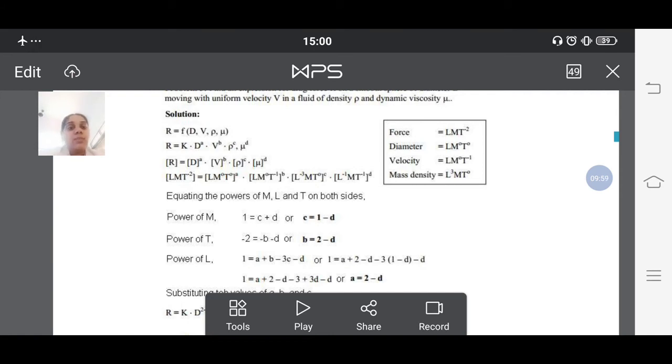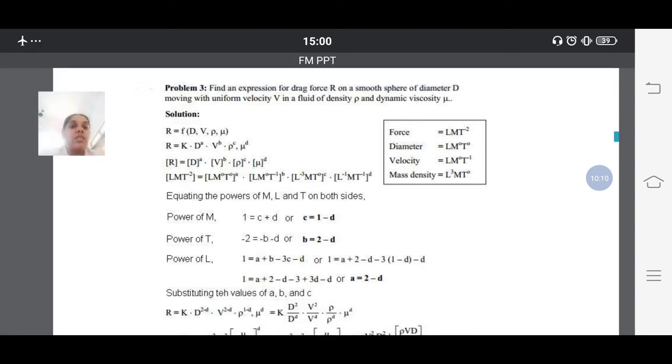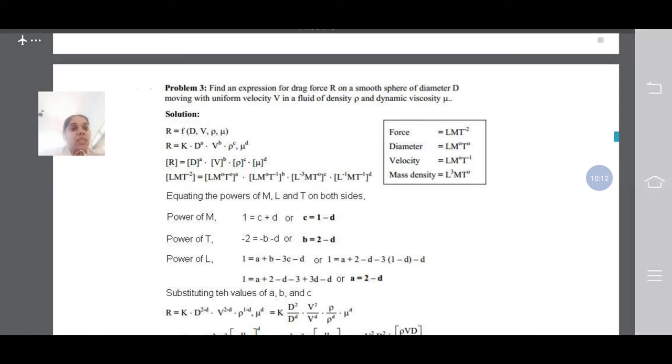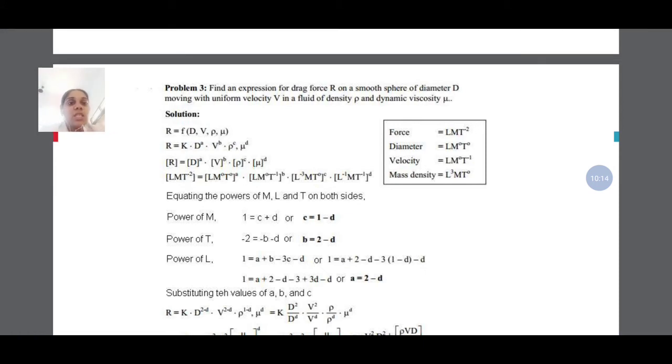In the second term, the power of t is minus 1 and the whole power is b, so t power minus 1 into b. So simply we can take this term as minus b. In the third term, there is no t term, that is t to the power of 0, so t to the power of 0 into c is equal to 0. So simply we put 0, or simply there is no power in that term.